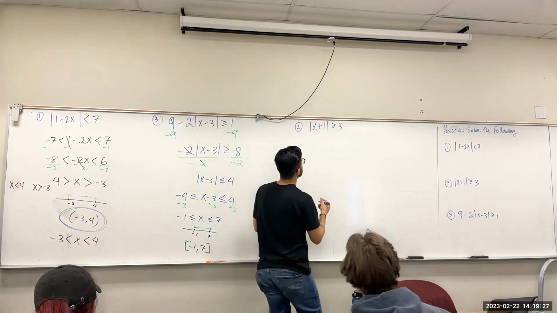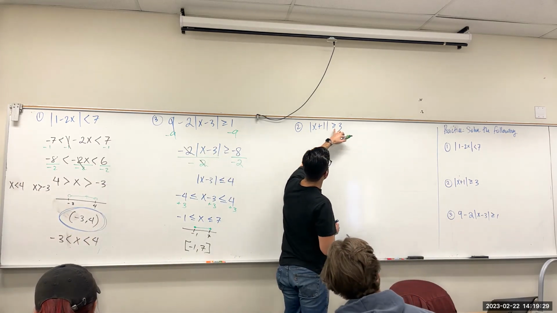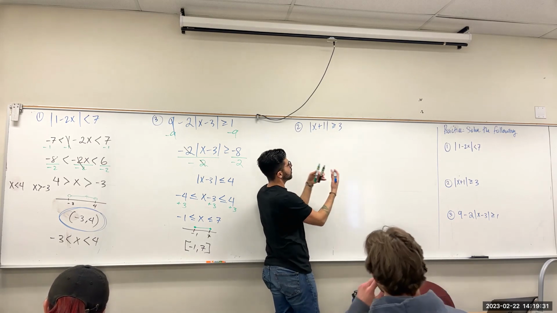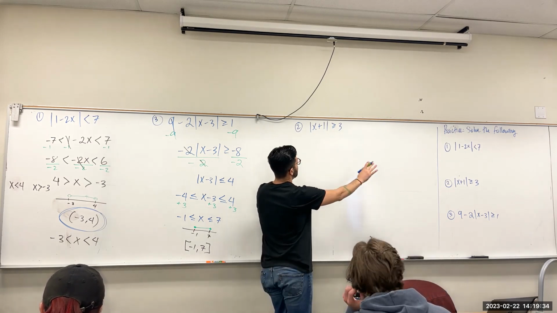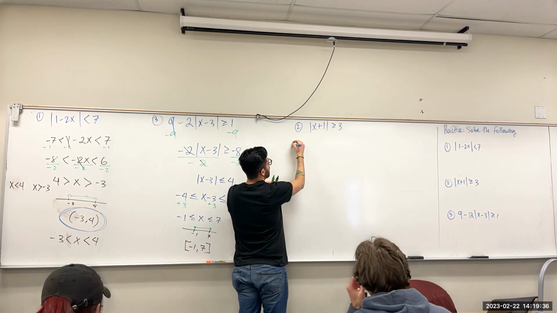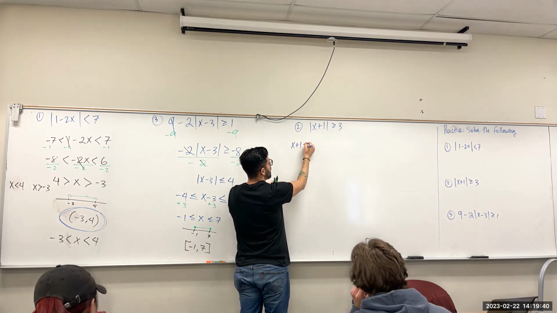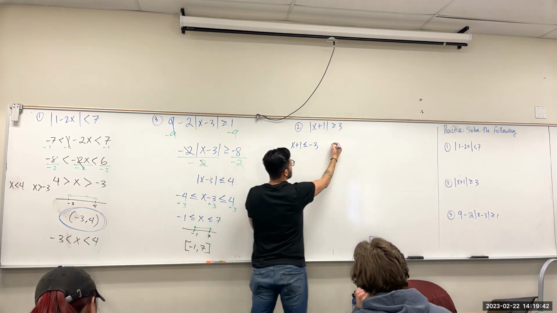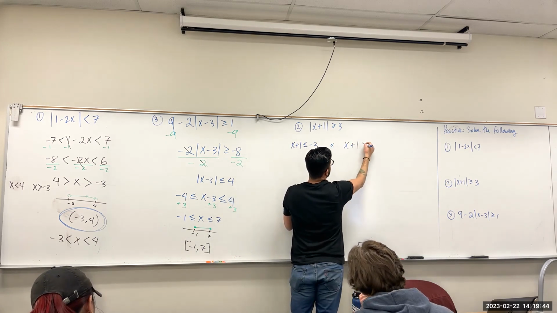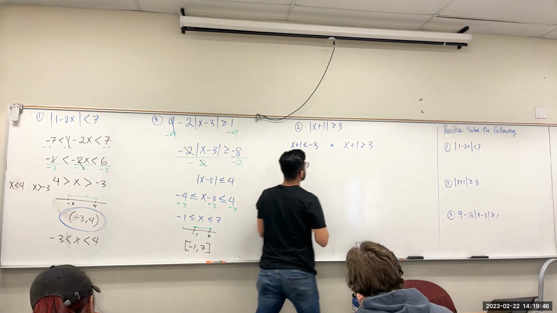For the second one, let's see, absolute value of x plus 1 is greater than 3, so is it in between or away? Away. So we're gonna have x plus 1 less than or equal to -3, or x plus 1 greater than or equal to 3.